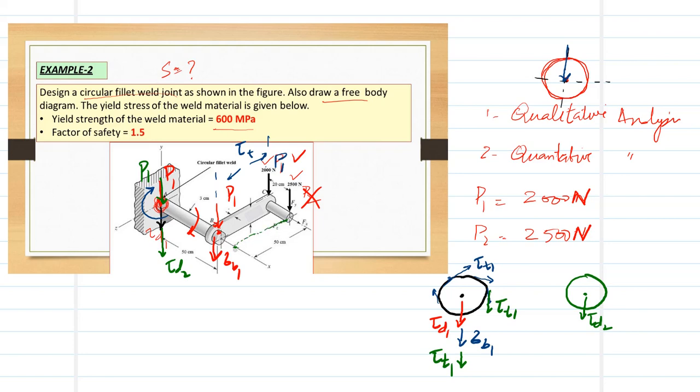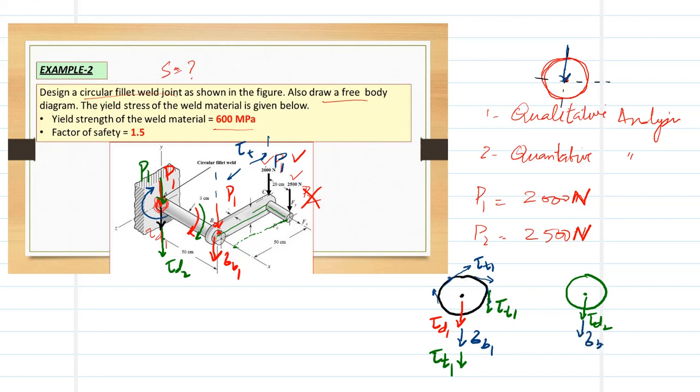If I move the physical arm to this point, this has a bending stress again because, being downward, it tends to rotate this beam downward. So we have another stress, which we call sigma B, the bending stress, and that is sigma B2.